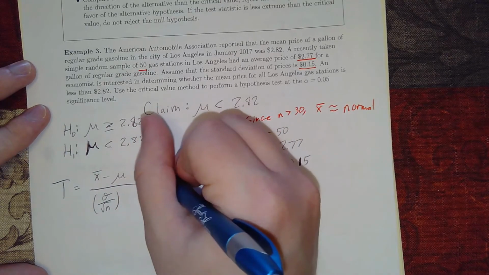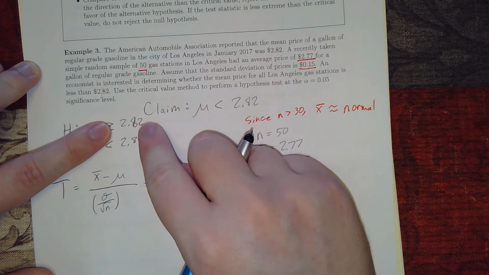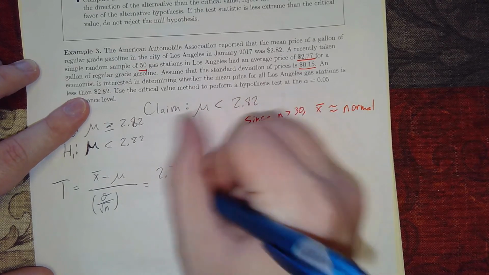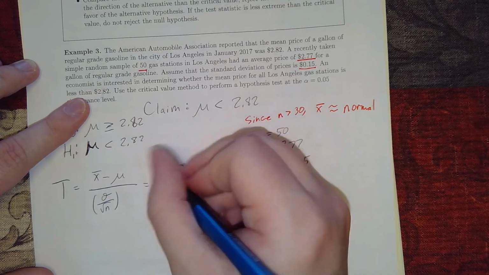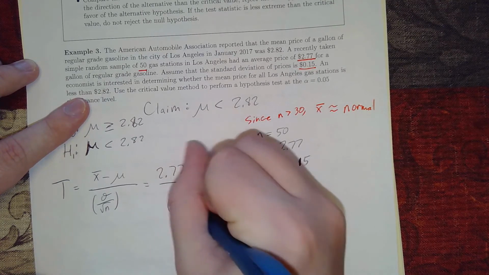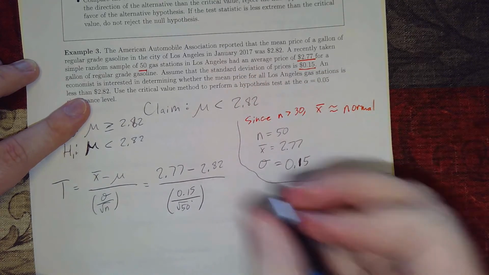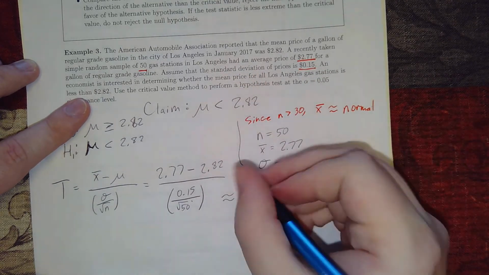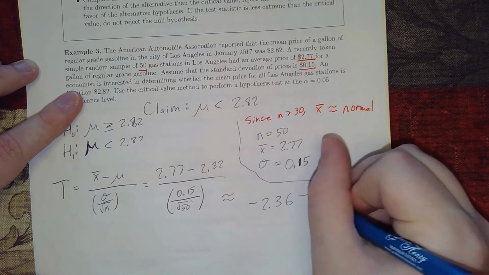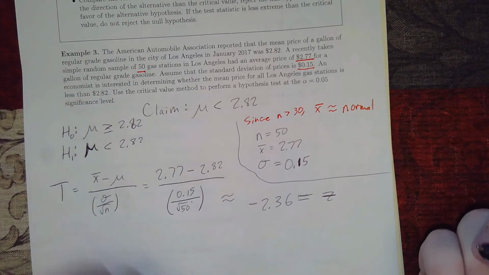Here this will be 2.77 minus 2.82, divided by 0.15 over the square root of 50. When we do all of this, we get approximately negative 2.36 as our z-score.